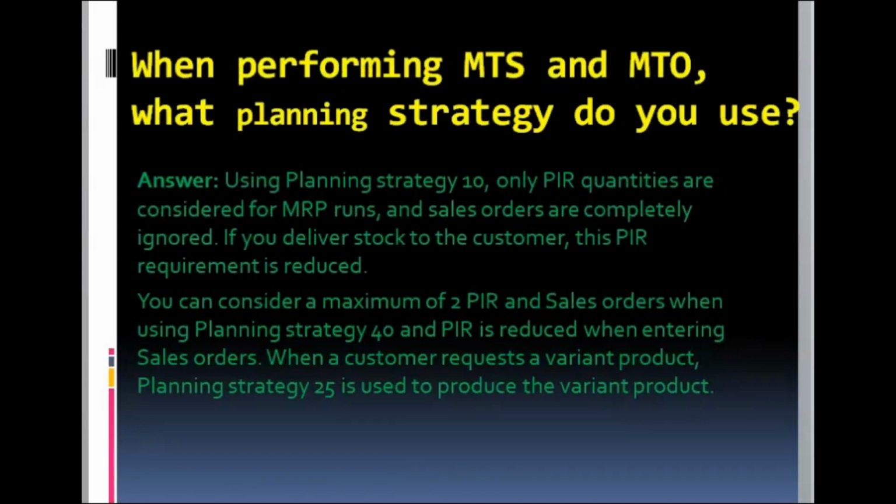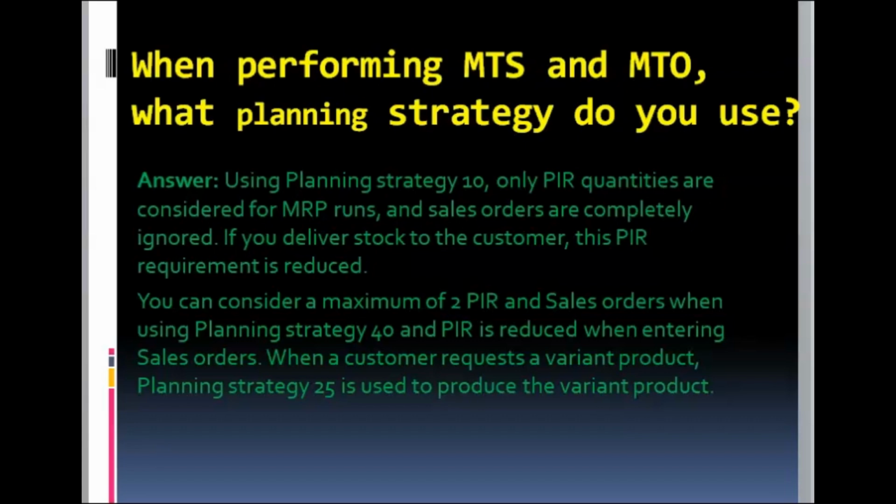When performing MTS and MTO, what planning strategy do you use? Answer: using planning strategy 10, only PIR quantities are considered for MRP runs and sales orders are completely ignored. If you deliver stock to the customer, this PIR requirement is reduced.